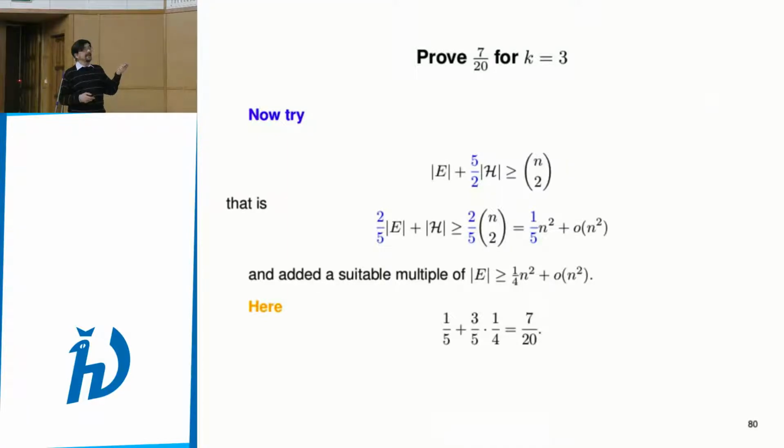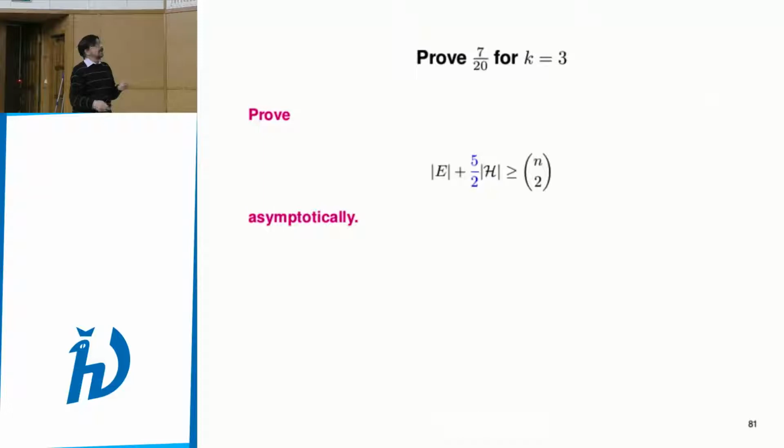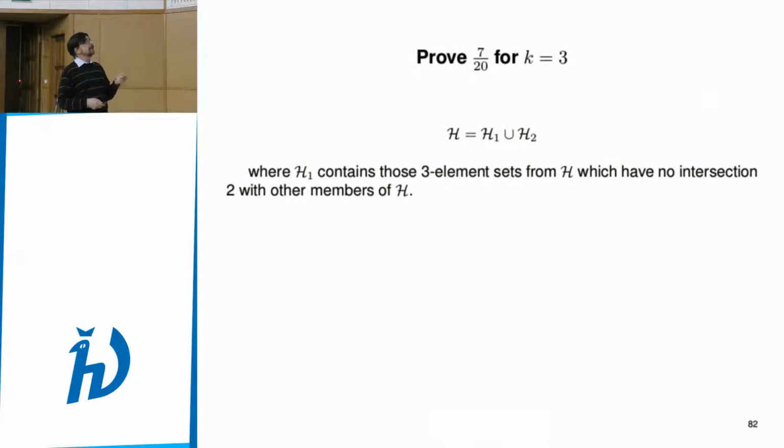5/2. We had 3 before. How to reduce it? That's the question. Of course, asymptotically, we want to prove. So the little o, n squared terms are not considered. It's not important. And so the basic idea is that we make two classes out of the three-element sets.